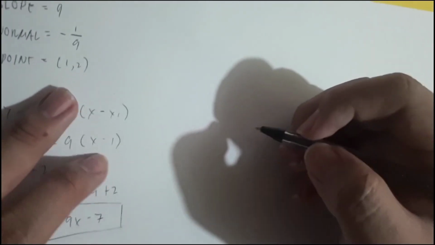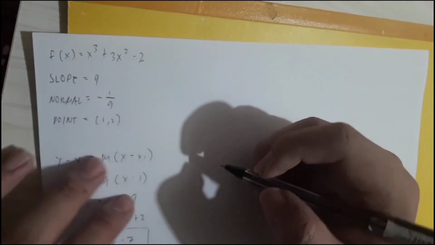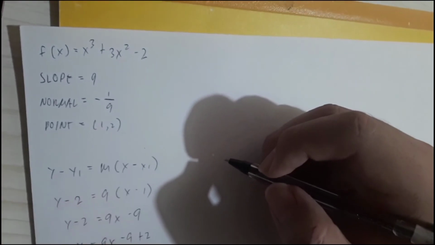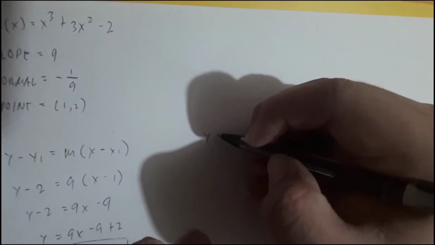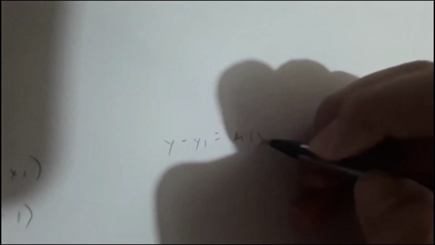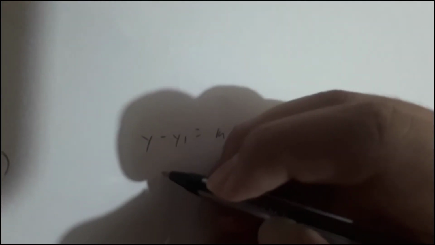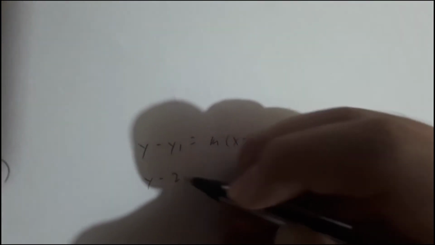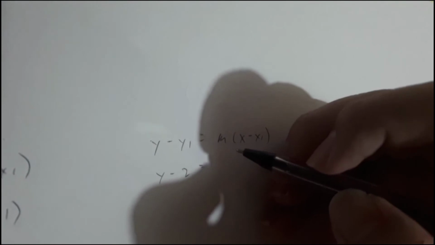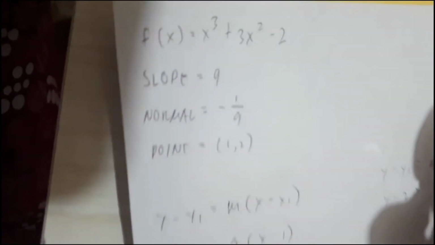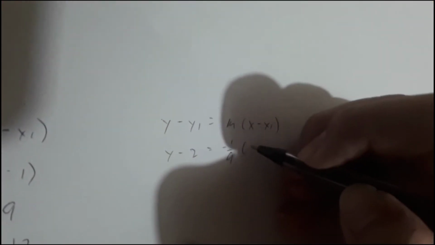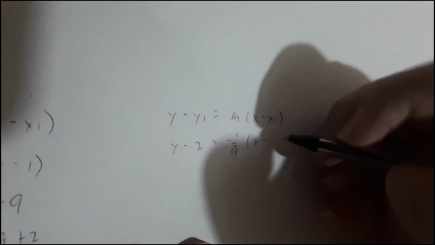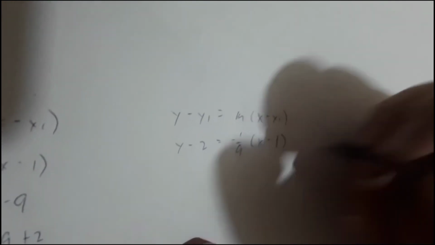The equation for the normal line uses the negative reciprocal of our slope. Same thing: y minus 2, so our m here, instead of 9, we will use negative 1 over 9, times x minus 1.